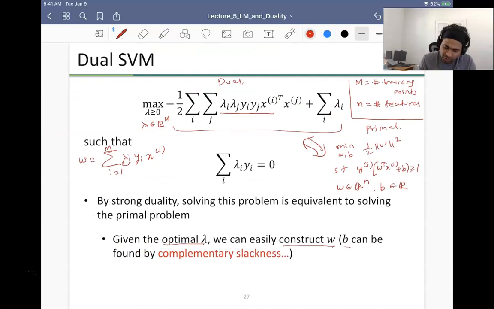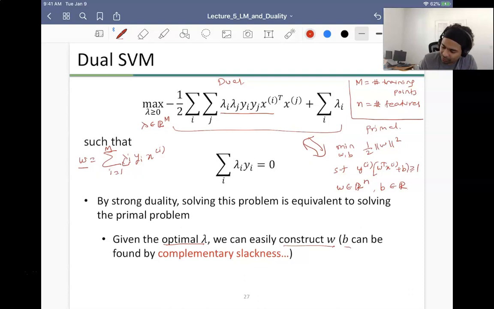Now we have seen that, given this lambda, I can construct this W. The main thing is that my model is in terms of W comma b. Though I have lambda, I really can't do anything with my final model, because I need to use my model to actually predict on instances. If you recall, right now we are using a linear classifier.